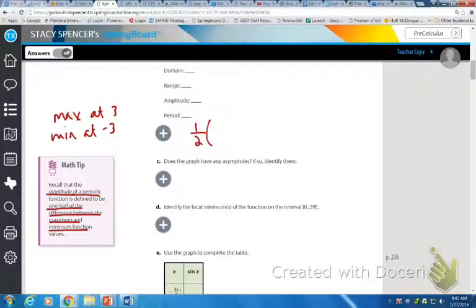So I would take my 3, my max, and subtract my min, which in this case is -3. So I have my double negative, so we would change that back to a plus positive. And that would give me 1/2 of 6, which would be what? 3. And that would be my amplitude. So that's how you'll find your amplitude.